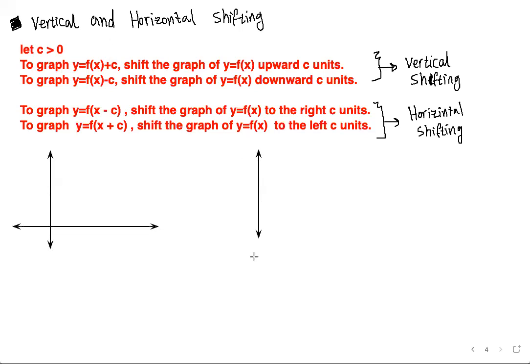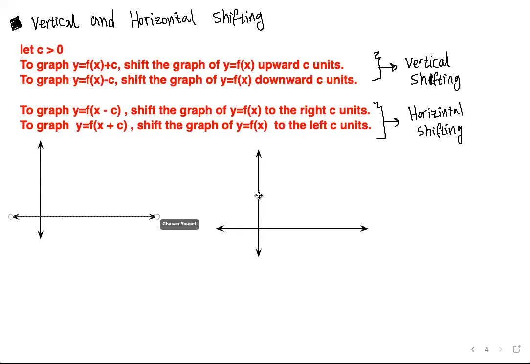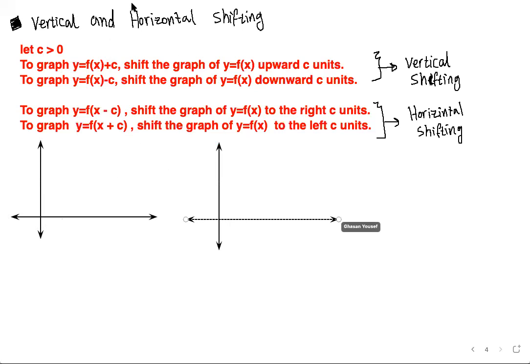So 1, 2. This goes up a little bit, up here. So I need more. Third one, and fourth one.